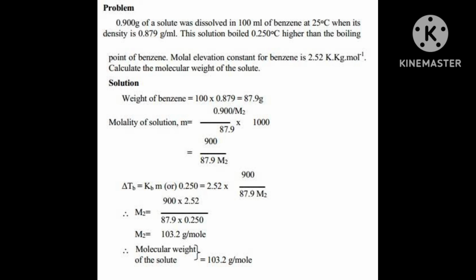After that, all are formalities. The expression: solution's boiling point is more, so Tb minus Tb zero, the boiling point of the pure solvent, is called delta Tb, known as the elevation of boiling point.